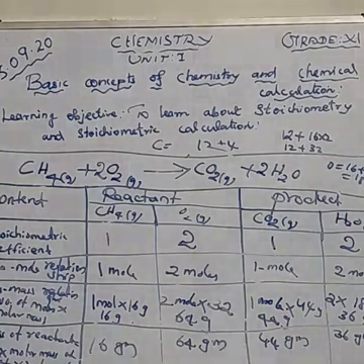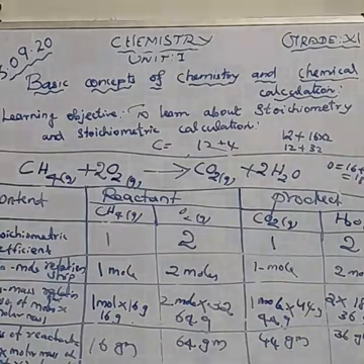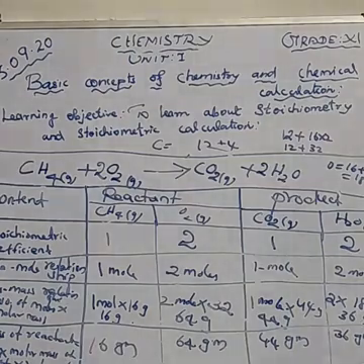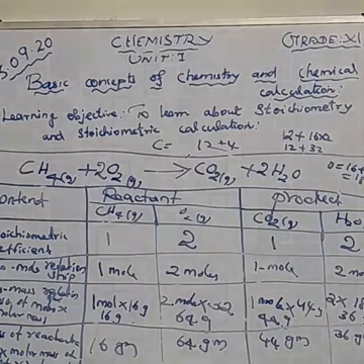Now this is one of the stoichiometric calculations. How can we calculate the stoichiometry by means of a chemical balance, the chemical equation? Okay. We can discuss the calculation based on stoichiometry. I think it is in the textbook, page number 50.